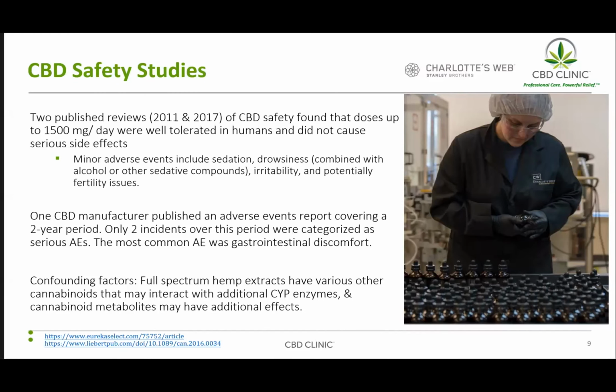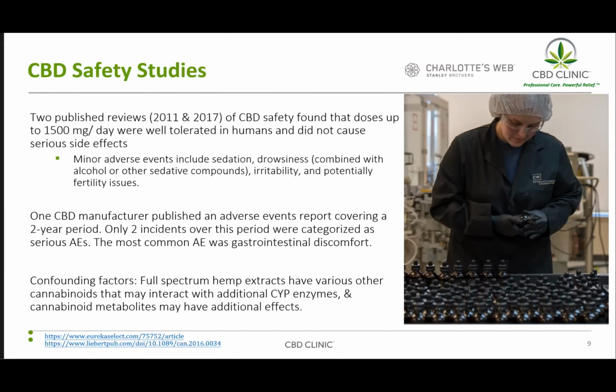There was a study published by another CBD manufacturer on their adverse events reporting, and theirs covered a 2-year period. In that period, they determined there were only 2 incidents that were categorized as serious adverse events. And then there's just a lot of minor adverse events such as gastrointestinal discomfort, which is definitely what we found from our own data as well. And then Jeff is going to be talking a little bit more about our own adverse event reporting and our paper that we are going to be publishing in the near future.